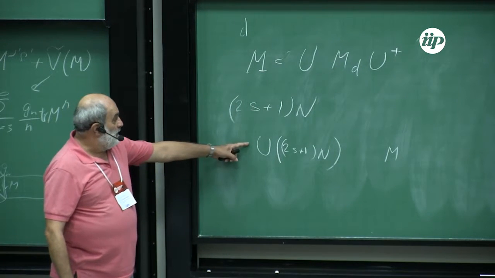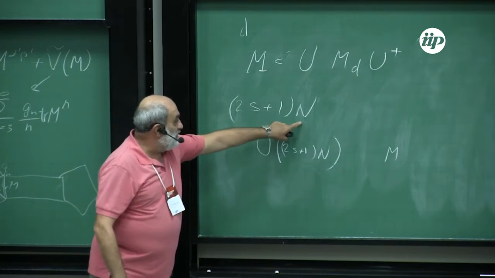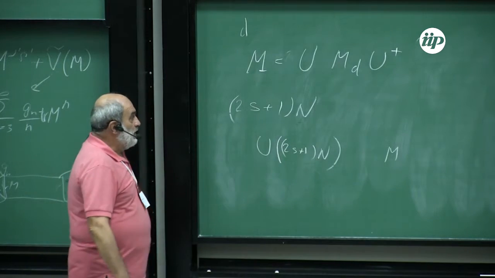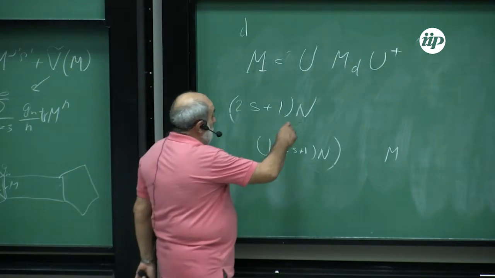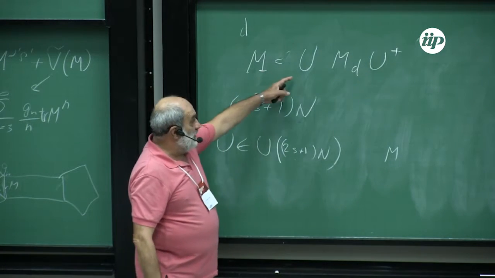So my M is of this size, 2S plus 1 cross multiplied by N cross the same. So U is from here. So we can diagonalize it.